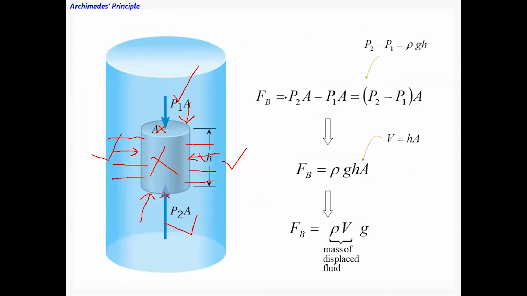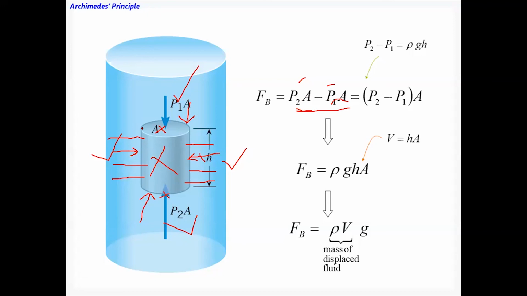Now what happens if you subtract bottom and top? That's what I'm doing here. Because the bottom is always bigger, you know that. So if you subtract the top force from the bottom force, then you get P2A minus P1A. By the way, is the top area and the bottom area the same?